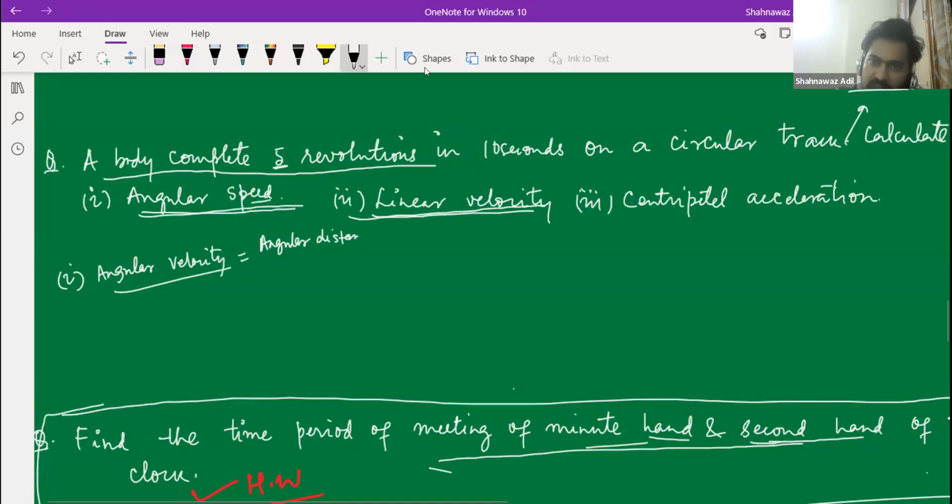And then linear speed. So what is the angular speed? That would be simply angular distance divided by time, right? So in 5 revolutions, how much is the angular distance covered?